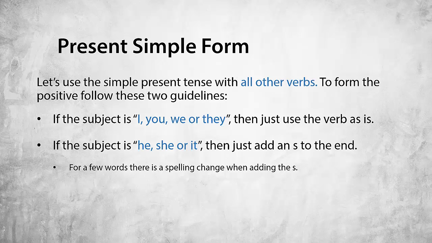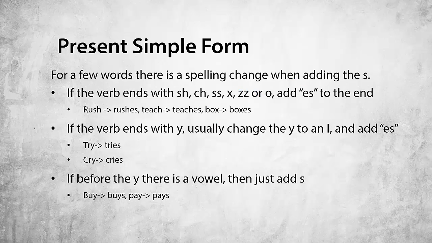Now, for a few words, when you have to add an s, the spelling also changes. If the verb ends with sh, ch, ss, x, double z, or o, then you just add es to the end. As you can see here, rush, rushes, teach, teaches, box, boxes.